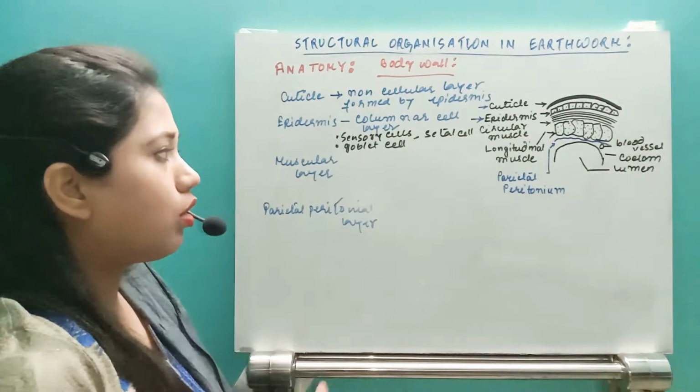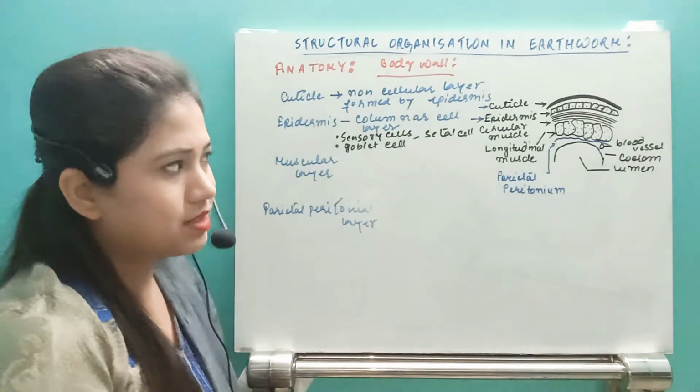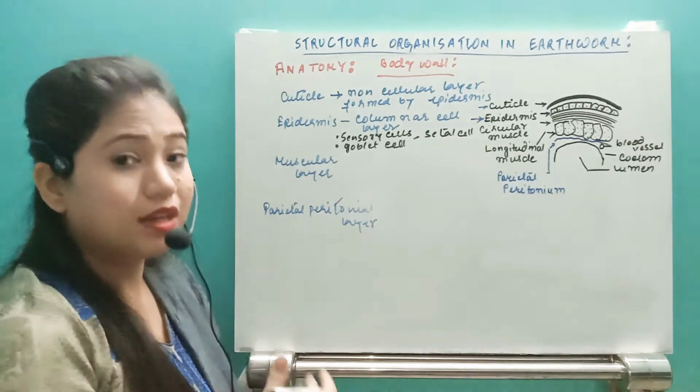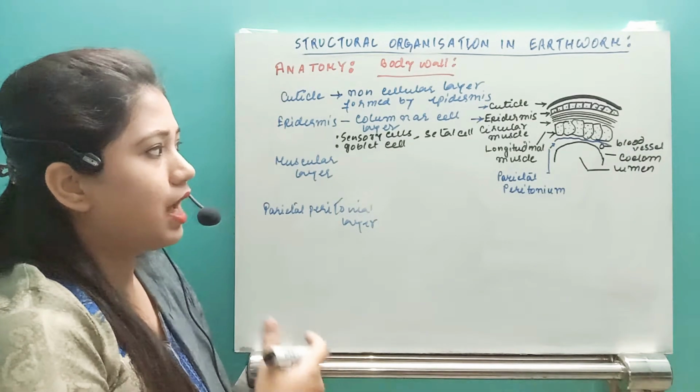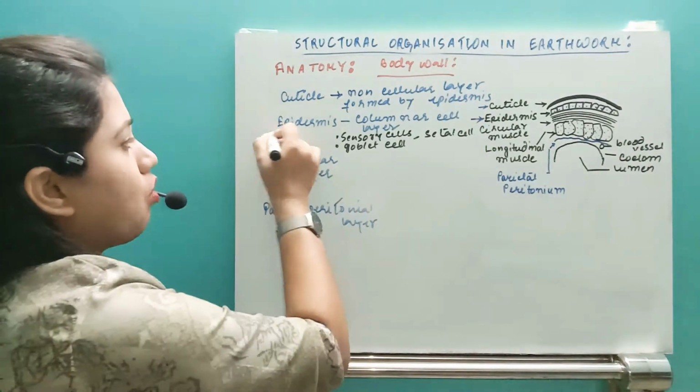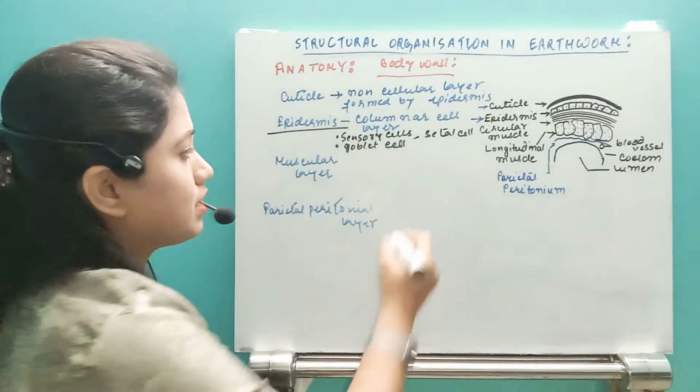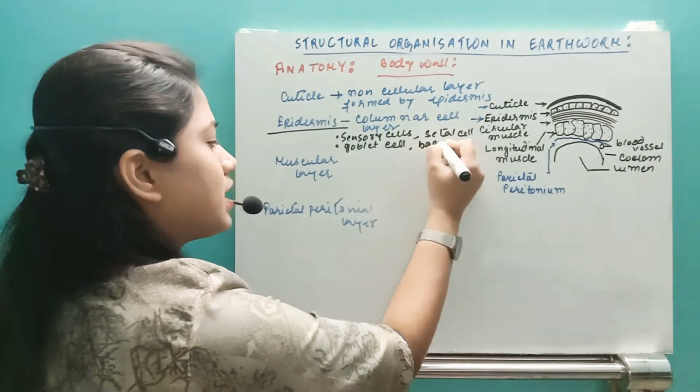Okay, so all of these cells, suppose albumin cell, mucus producing cells, these cells are present in the epidermis. Basal cell. Okay, so varieties of cells will be there.